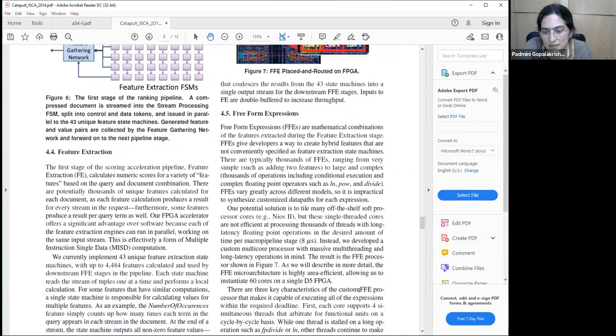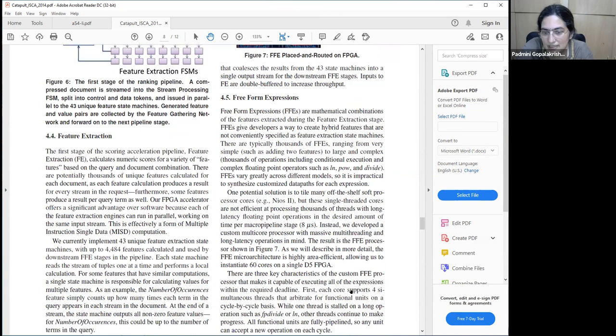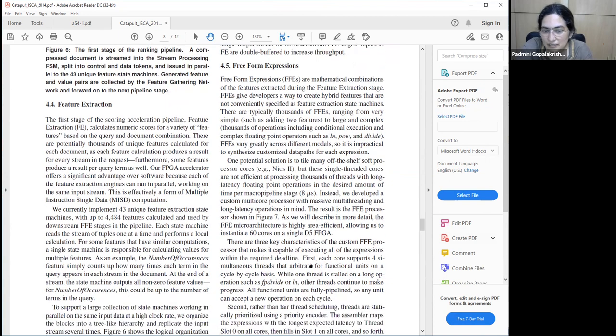Right? So if you see, each core supports 4 simultaneous threads, right? And they have an arbiter that takes the arbitration for functional units. Okay, so that if one thread is stalled on a long operation, other threads can make progress. This is all fairly common kind of arbitration that you would have in any CPU design.